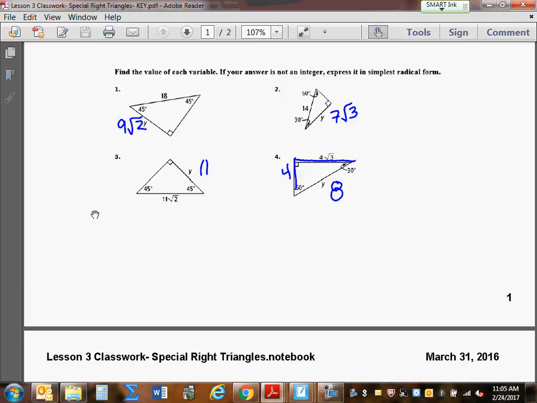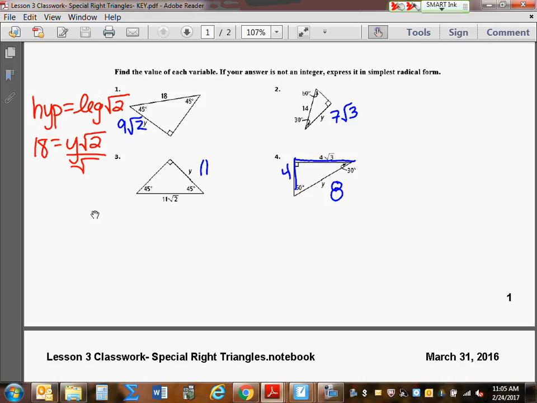So legs are the same. Hypotenuse is the leg times root 2. They gave me my hypotenuse, they didn't give me the legs. So think back to your equation. Hypotenuse equals leg root 2. My hypotenuse is 18. I don't know the leg, it's just y. And then we know that it's times root 2. So I've just put in the numbers.